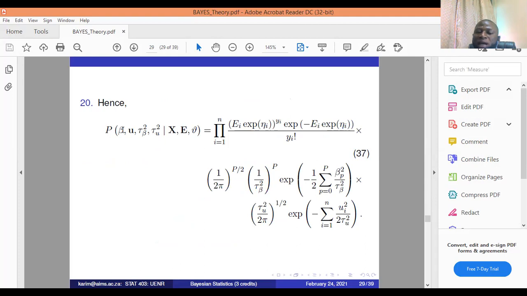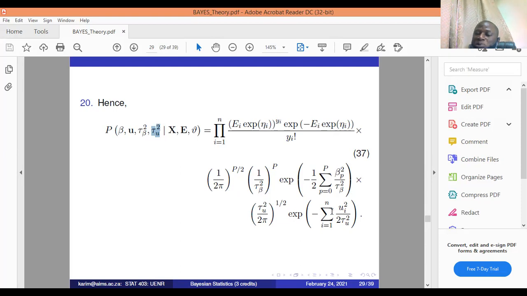When we multiply them, the beta here has its parameter here, and the u here has its variance here. So that means we need to also define the distribution for this one and also for this one. So we multiply this by that and also by that.